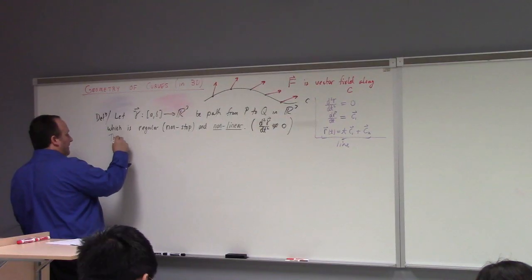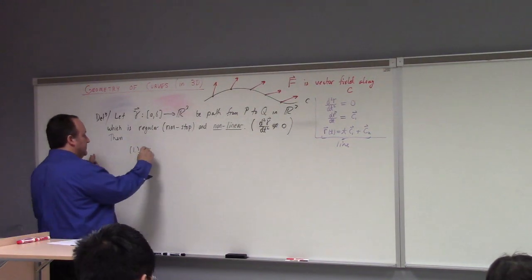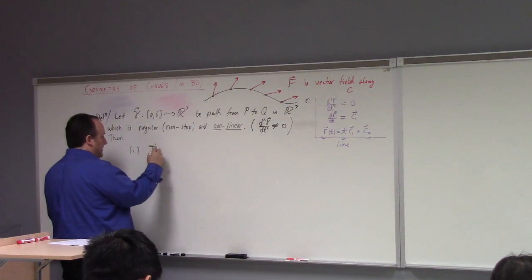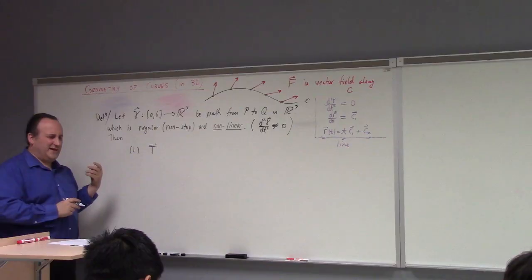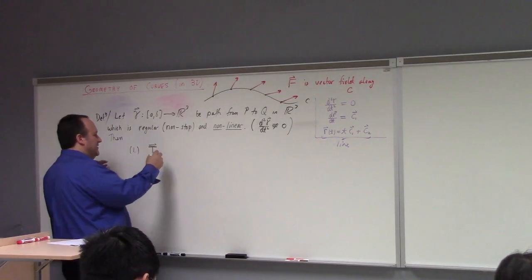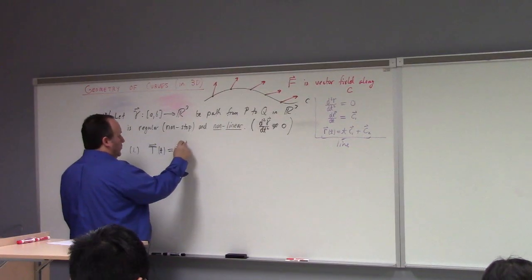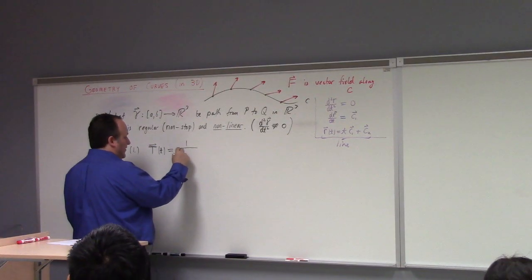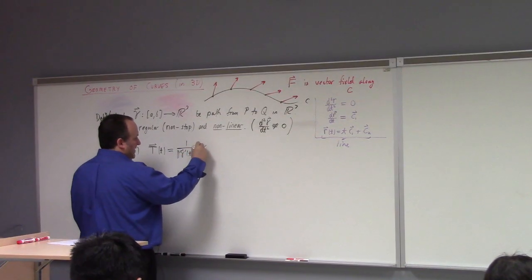then number one, the big T. I said I didn't put a vector on this yesterday or the other day. I was wrong. I forgot I put vectors on it. I'm sorry, guys. So the T vector of t is 1 over the length of gamma prime of t, times gamma prime of t.